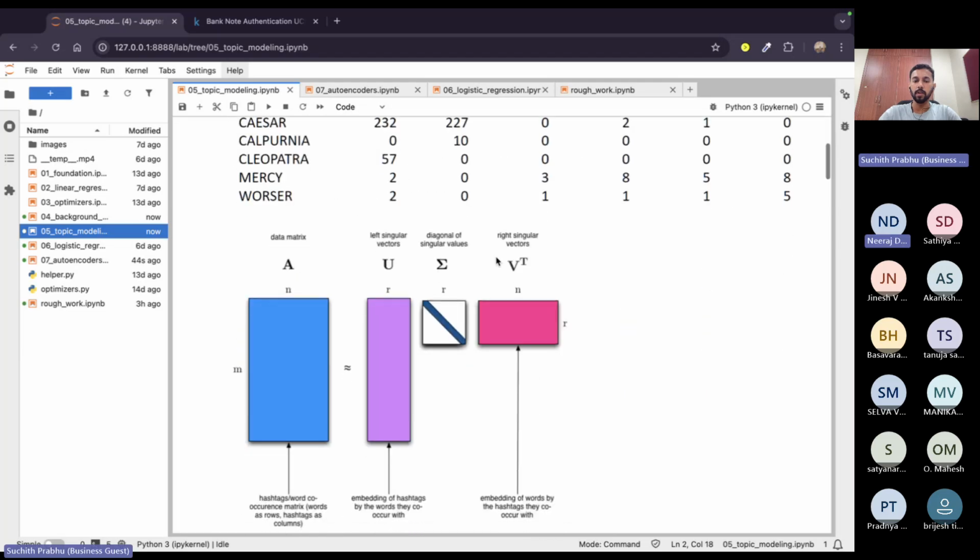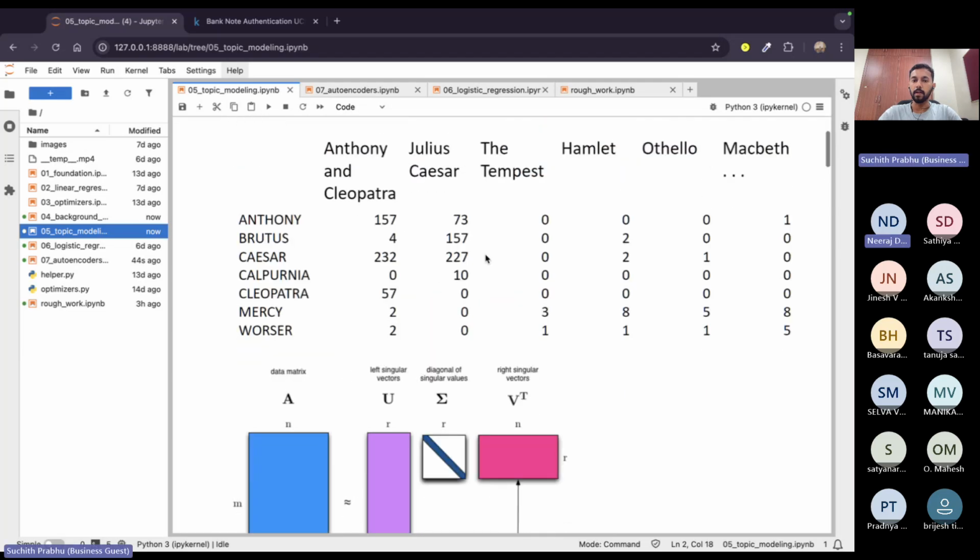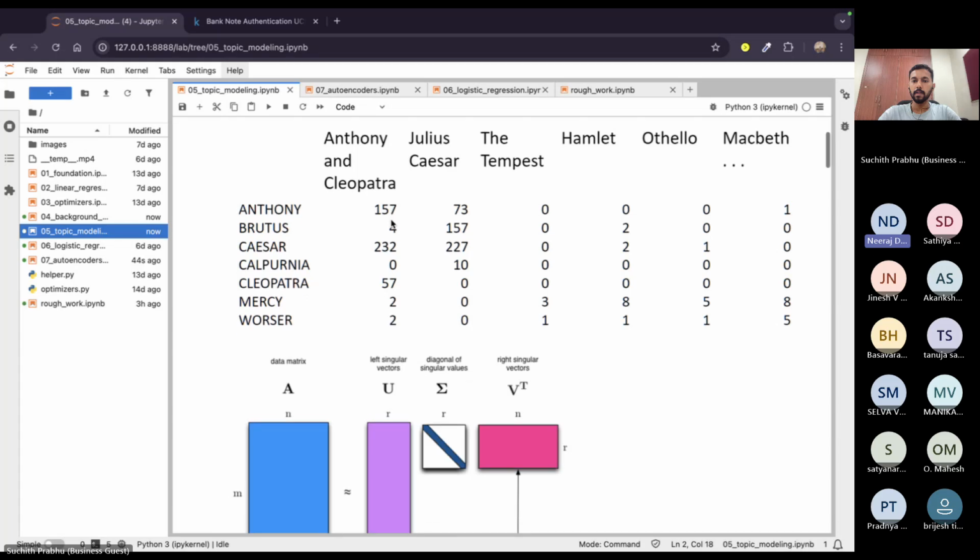So we have the frequency of certain words, not of all the words?